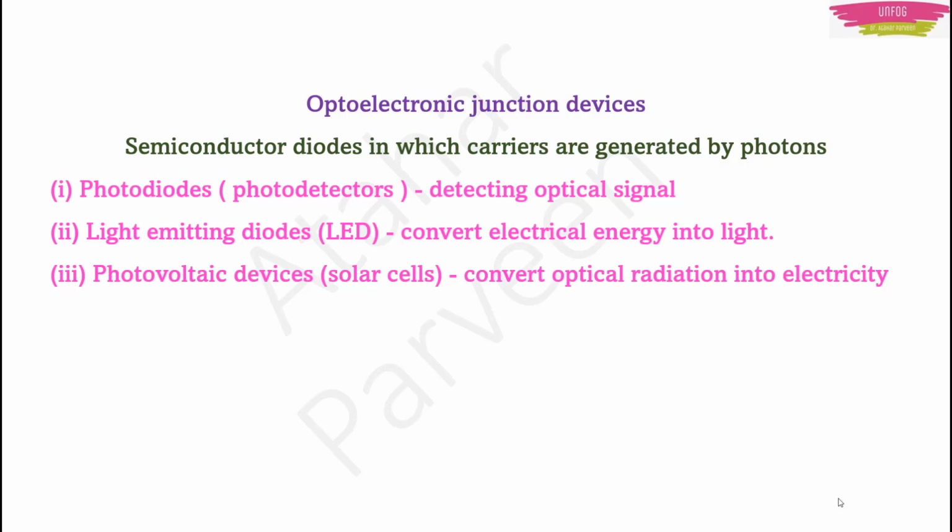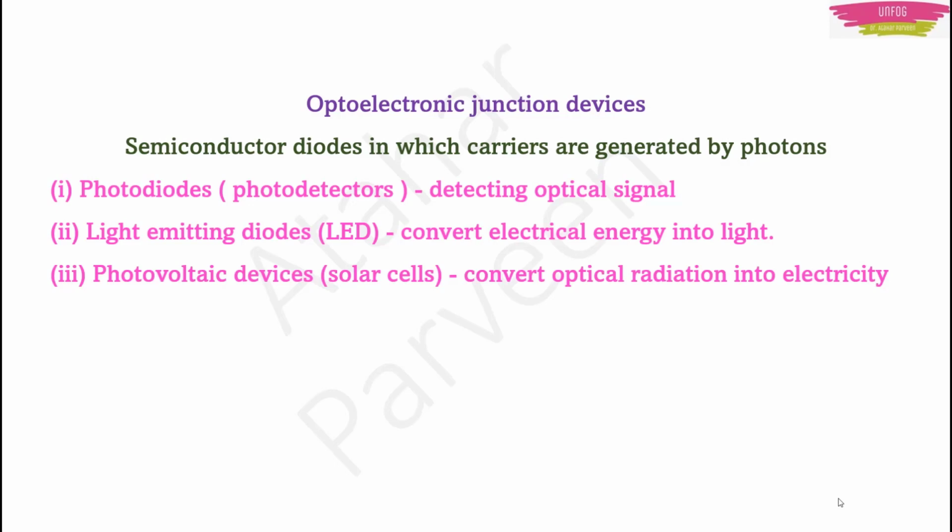Here the main important thing is that the majority charge carriers, whatever carry the current, are generated by photons. Photons are packets of light, right? Basically, here light is utilized in these semiconductors to produce the current. Okay, this you have to remember.